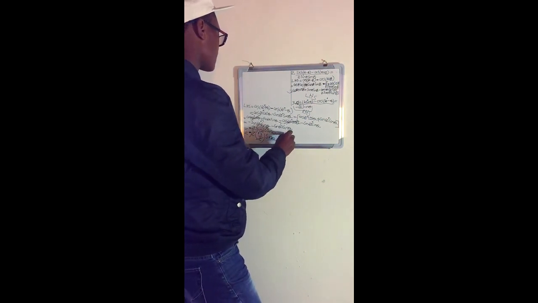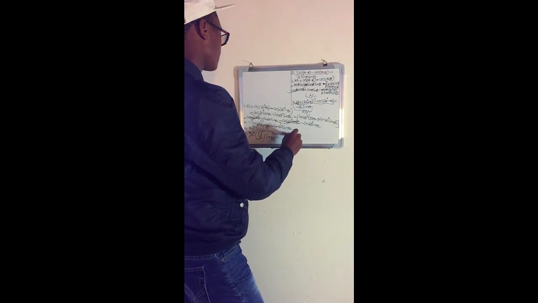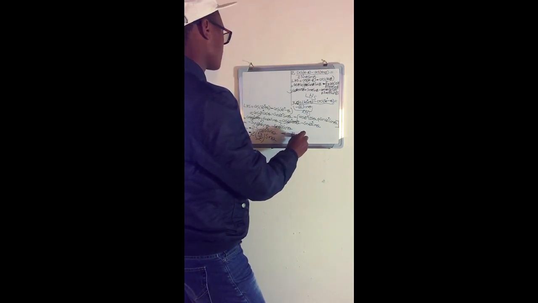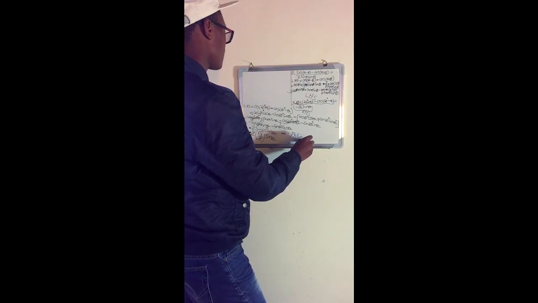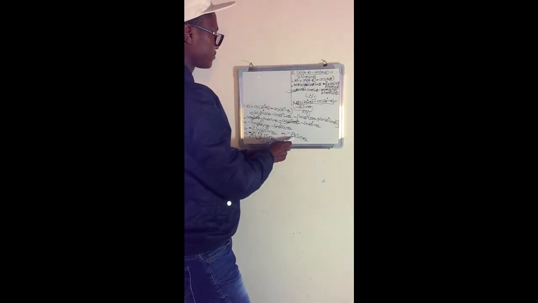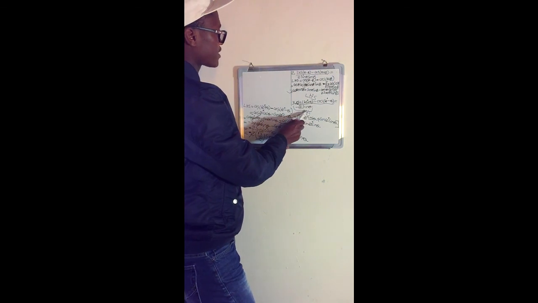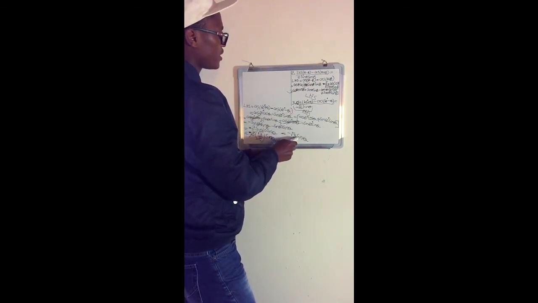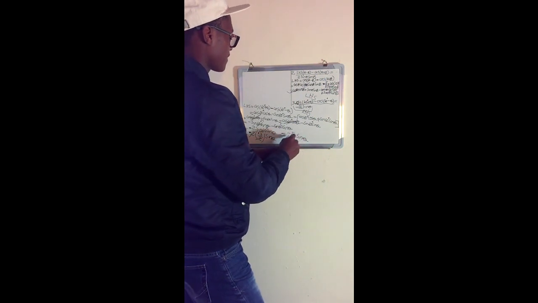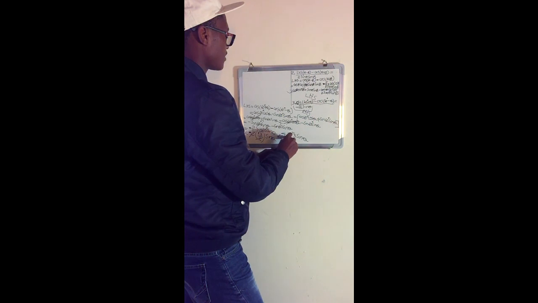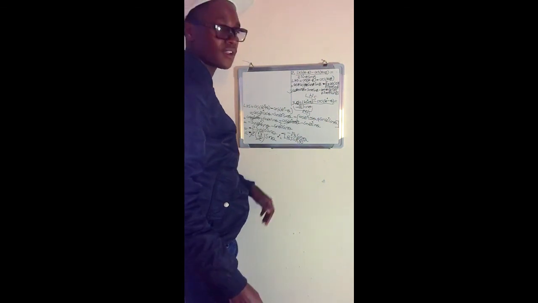So it means I'm left with negative the square root of 3 multiplied by sin theta. So this thing is the same as our right hand side that we wanted to prove, minus the square root of 3 sin theta. We got it. So therefore, our left hand side is equal to our right hand side. Thank you.